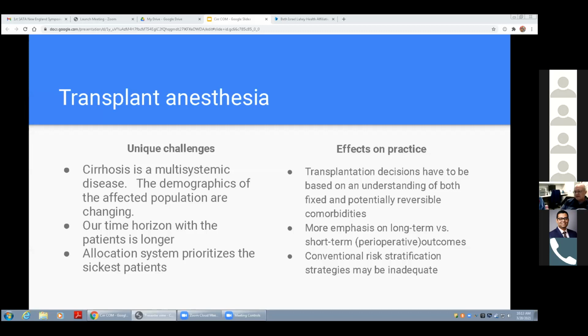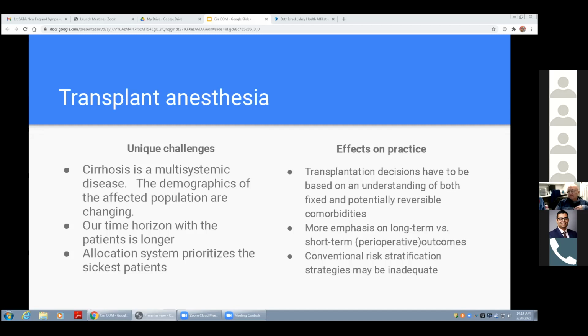These challenges necessarily affect how we practice. Our decisions have to be made in the context of an understanding of the natural history of both cirrhosis-related and cirrhosis-unrelated conditions, with the expectation that most cirrhosis-related conditions have a high likelihood of getting better after transplantation. Because these patients are captured for life, in addition to focusing on getting them through the operation, we also have to think about longer term outcomes, 1-year survival, 3-year survival.